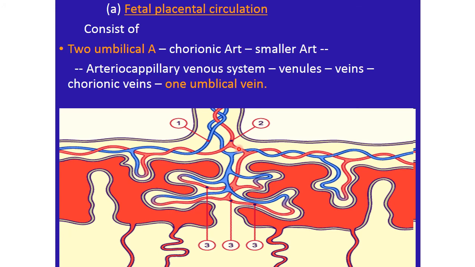That chorionic vein then continues as the umbilical veins, initially two in number, and later on one of them degenerates and only one umbilical vein remains, and as it is carrying the oxygenated blood, it is labeled as the red channel.